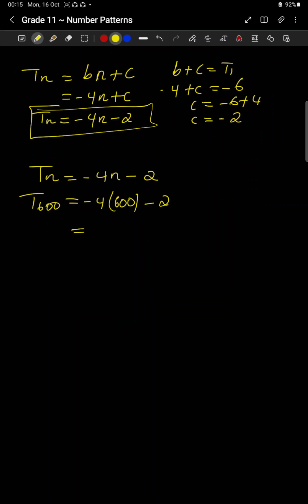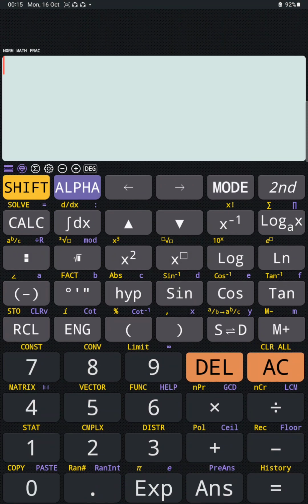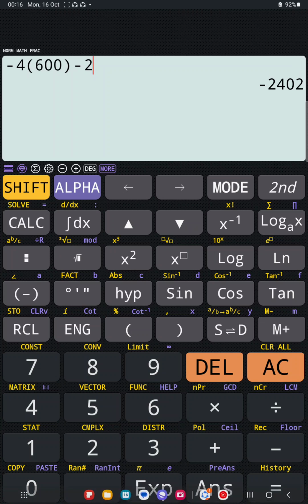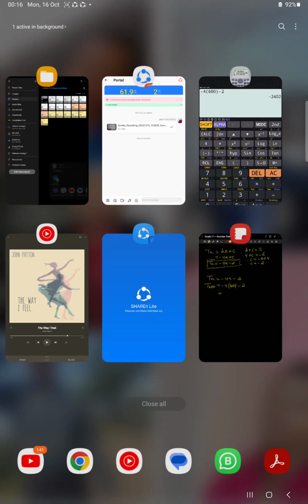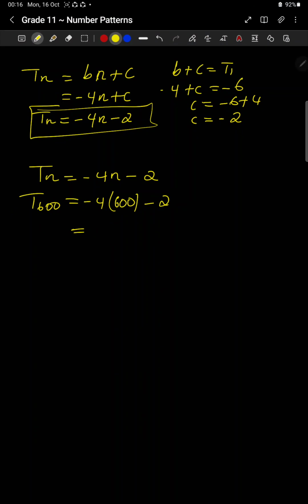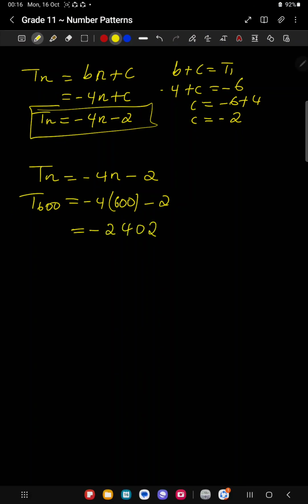We can use our calculator just to check that. Negative 4 times 600 and then minus 2, must be negative 2402. Let me just confirm that.